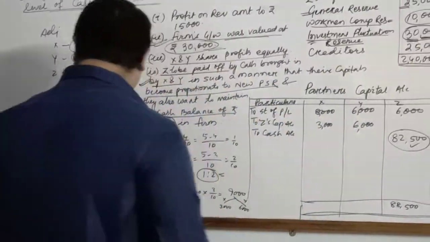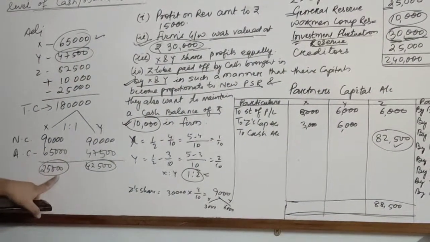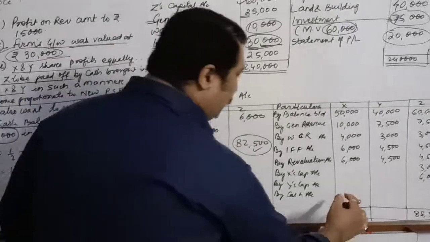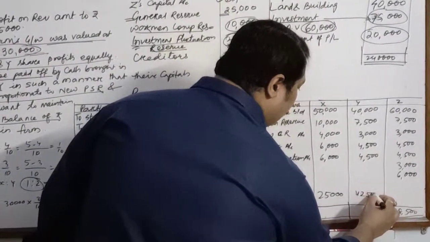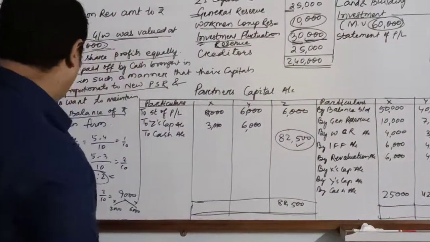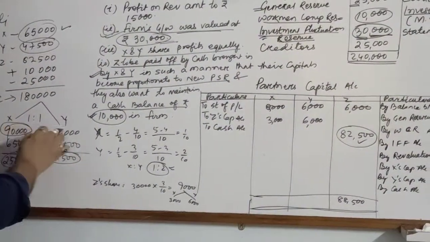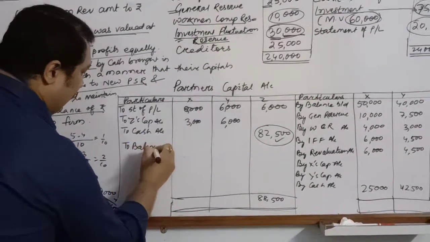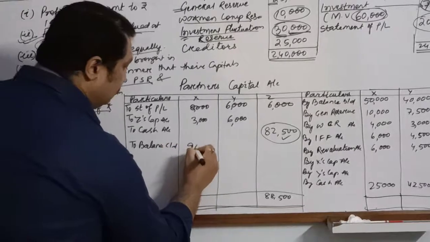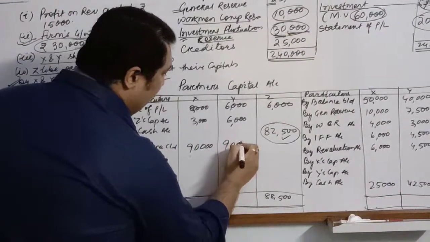You can see over here the amount brought by X is 25,000. So here I will write in X 25,000 and Y is bringing 42,500. And what is their new capital? You can see the new capital of both the partners is 90,000. So you can write over here to balance carried down X 90,000, Y 90,000.